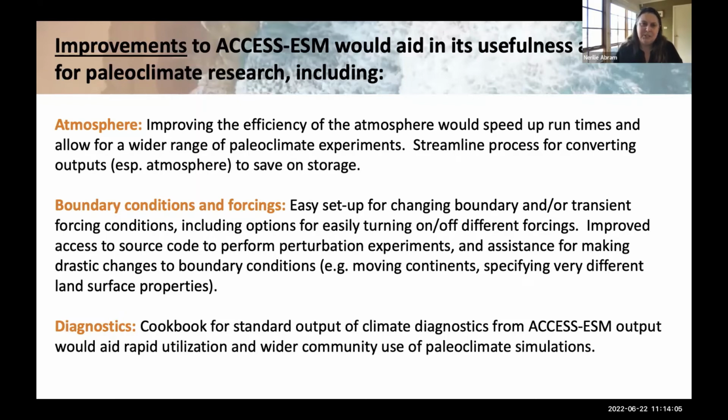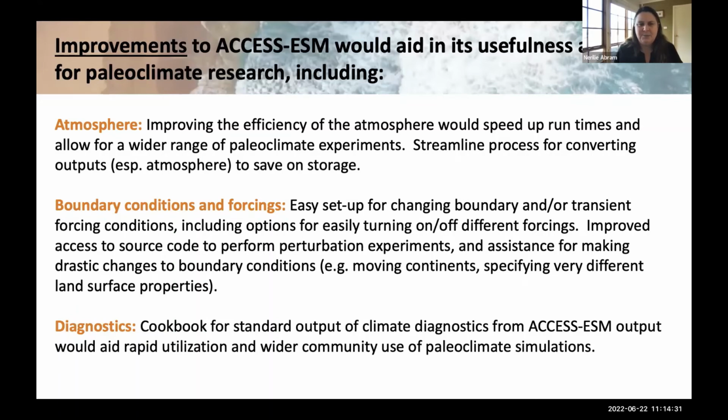Changing the boundary conditions and forcings is something that, if that was easier, would enable a greater range of simulations to be run. So support for being able to set up changed boundary conditions or set up different transient forcings, and access to the source code to help to perform these perturbation experiments.